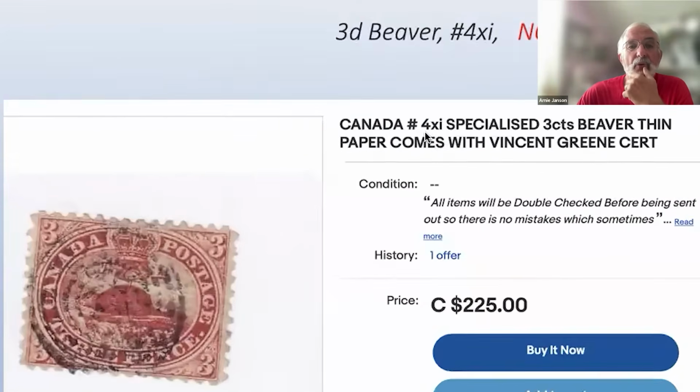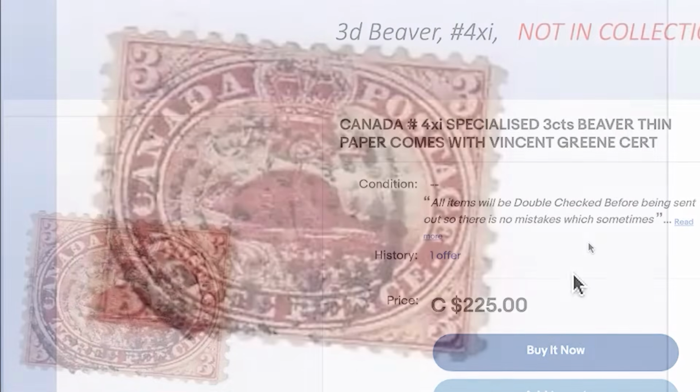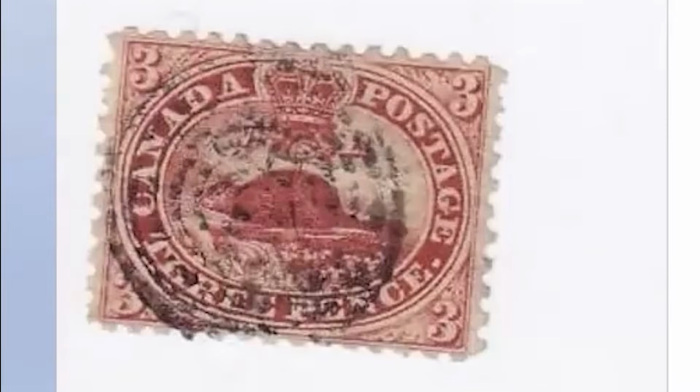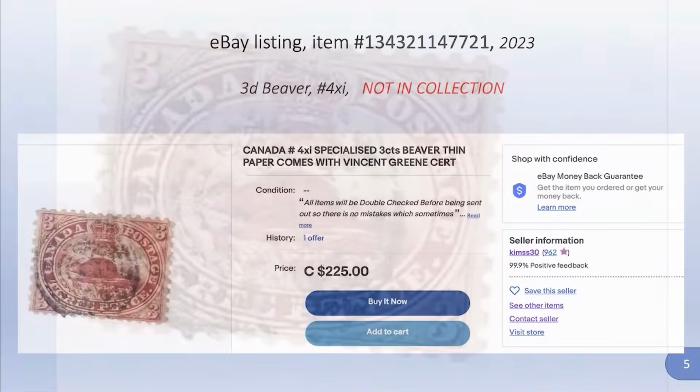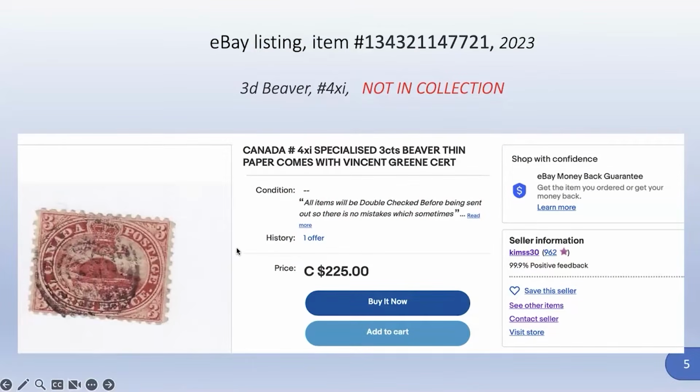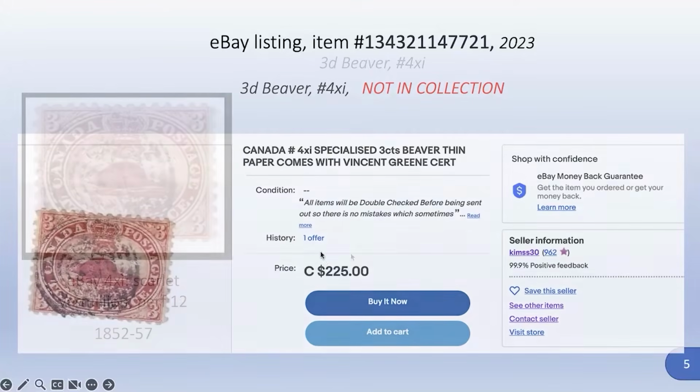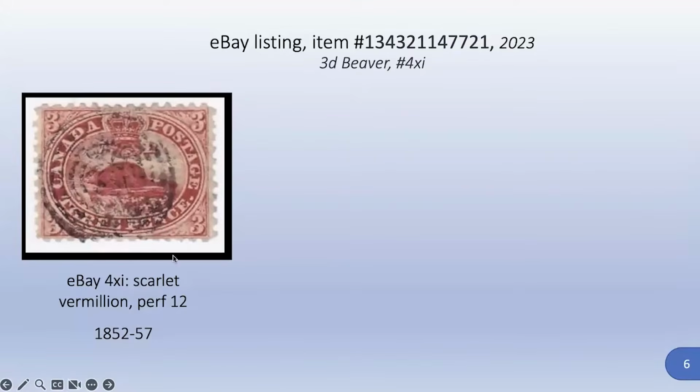A number 4XI, three-sided Beaver on thin paper, comes with the Vincent Green certificate. But number 4 was only issued imperforate. So how can you get a number 4, the imperf stamp, with perforations and a certificate? Well, this is the eBay item.